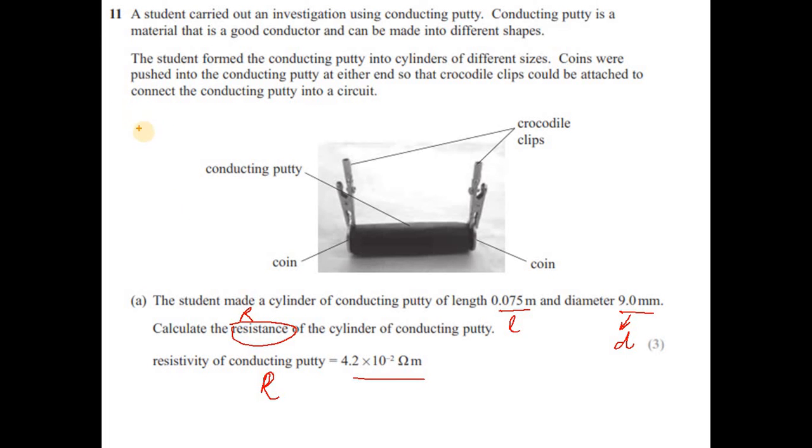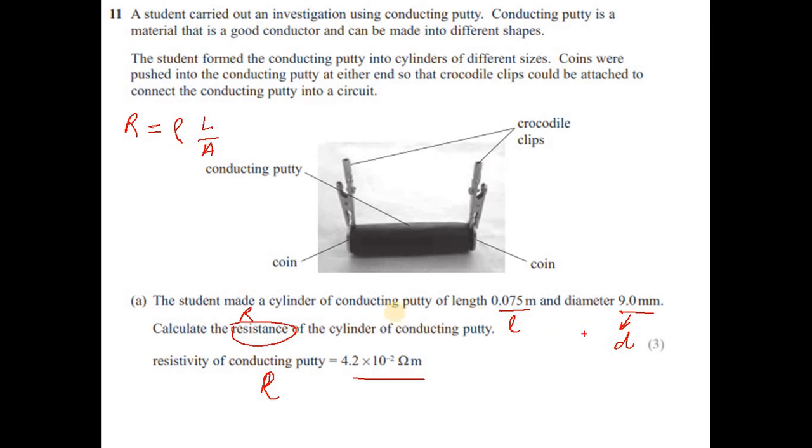So we know that resistance of a conductor in terms of resistivity, R is equal to rho L by A. You just need to substitute the value. Rho is given, length is given, area. Yes, we don't have area, but we have diameter. So we can figure out area from the diameter.